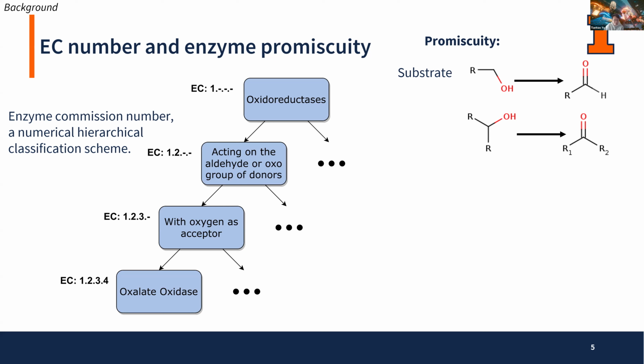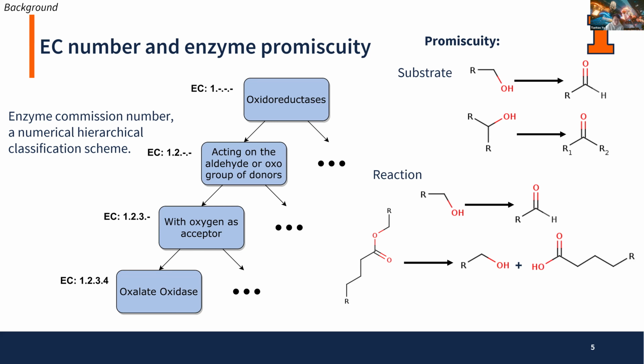It could mean substrate promiscuity, meaning that an enzyme can perform reactions on different substrates. For example, both of these are alcohols, but slightly different alcohols. But more widely, promiscuity also means an enzyme can do different reactivity or different reactions. Now, these two are just hypothetical. If one enzyme can perform both of these reactions, then it is reaction-wise promiscuous.